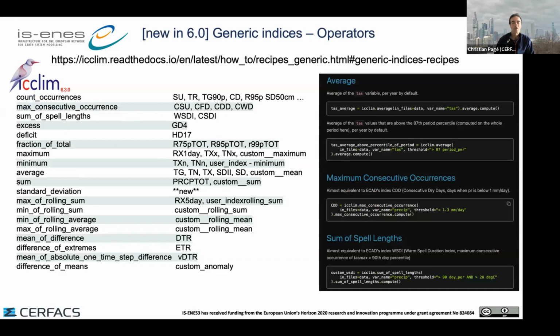So those are all the list of operators available to create new climate indices. And on the right-hand side, we have the standard indices that are using those operators. So for the first one, we don't have the full list because it's quite long, but we have also the other ones. So on the right-hand side, you see the documentation that will give you some information on all those operators.